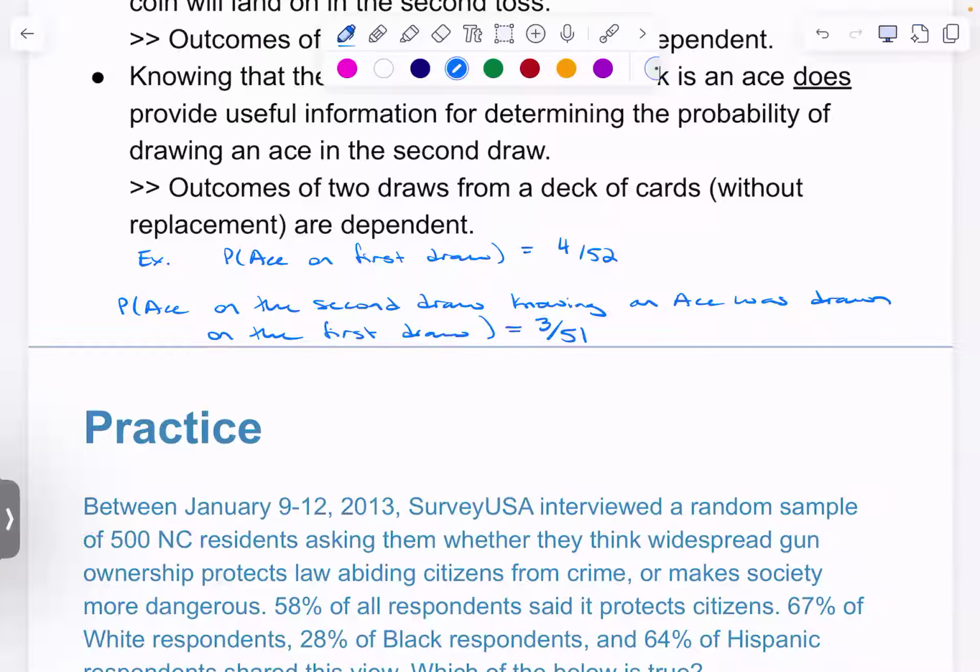Going from 4 to 3 is relatively intuitive, right? But my total deck is now not 52 because an ace is out already, assuming without replacement. So now my total is 51. That's the part that kind of trips people up.